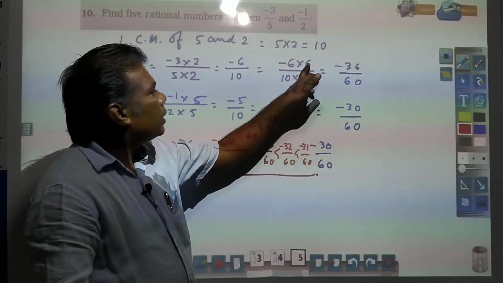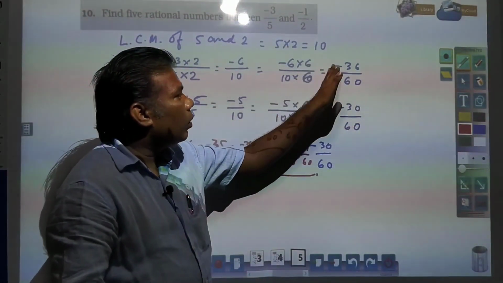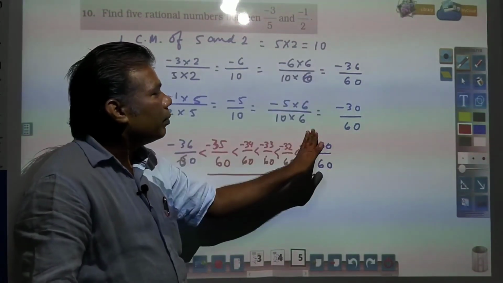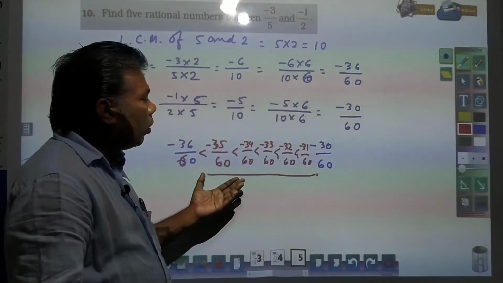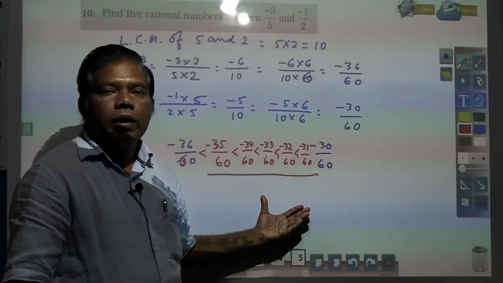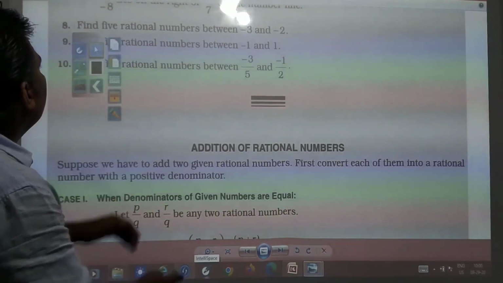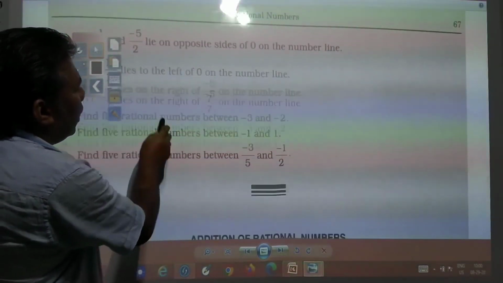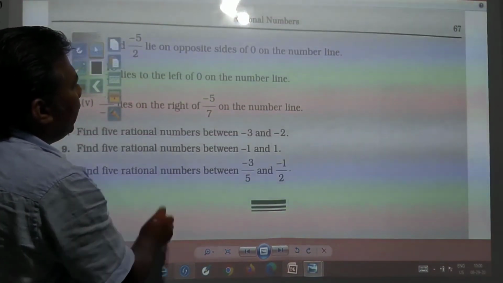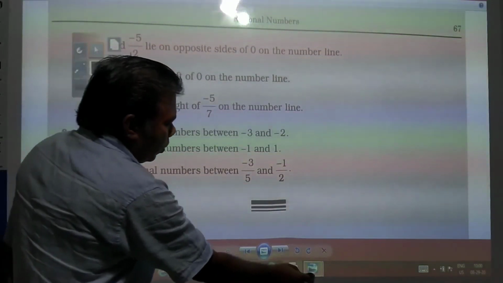Even in place of 6, we could multiply by 7 or 8, and only 5 numbers are required to be written in between. So in this way we have completed this exercise, and each and every question you must do.